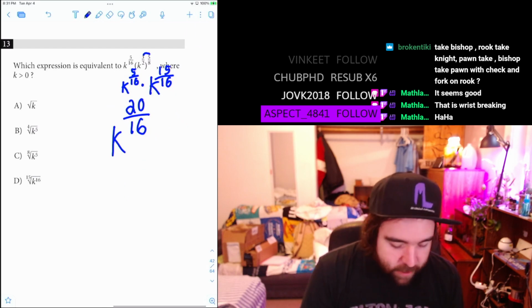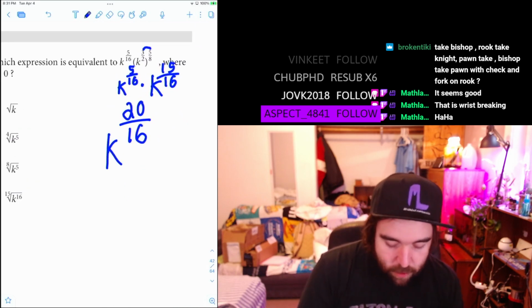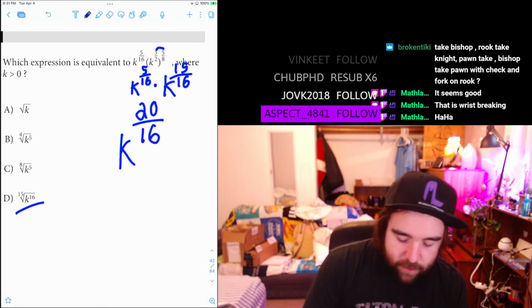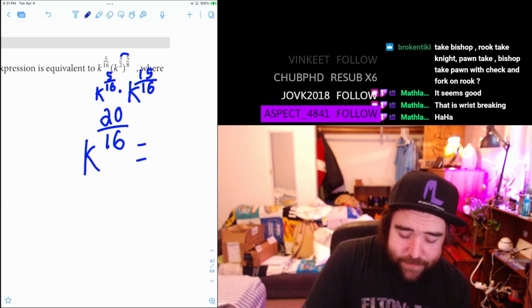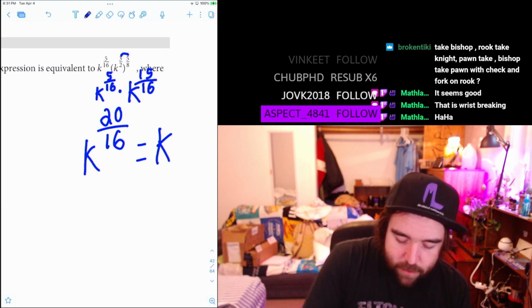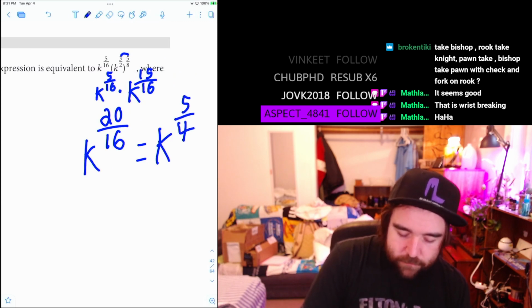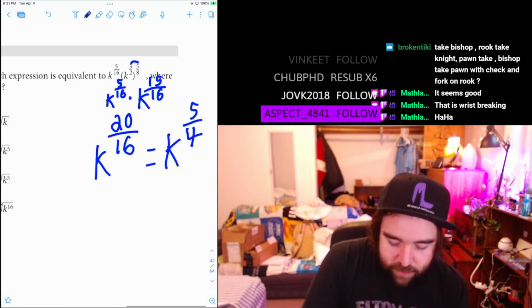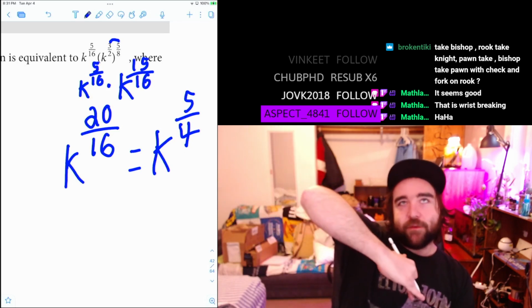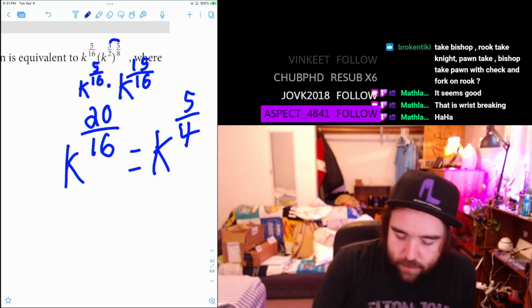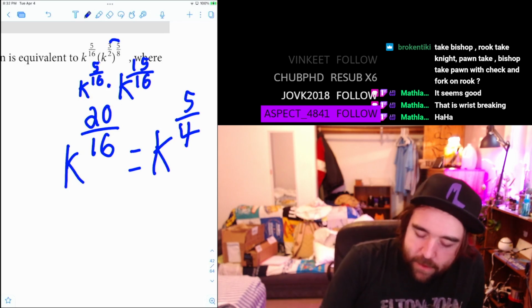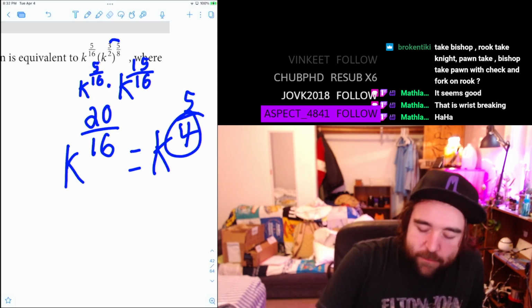We already have a common denominator, so that's great. And they want us to put it as a root still. So you might see that 16 and say, oh, well, it's got to be that. But no, because this fraction simplifies, right? You can actually cancel out an entire 4. So you end up with 5/4. So then what is that? The root is on the bottom.